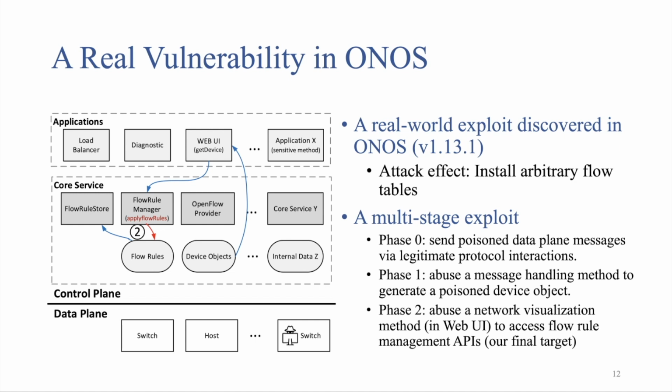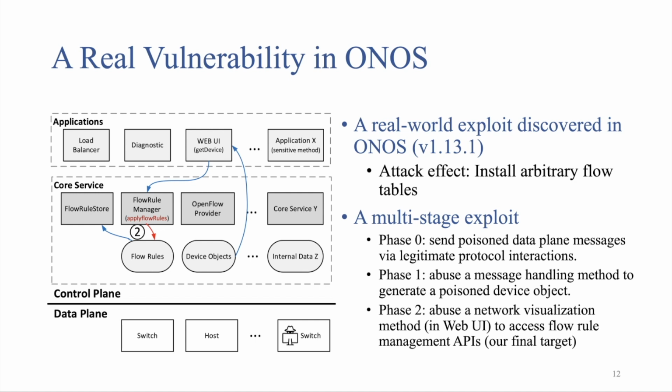By abusing the method, the device object is able to manipulate the web UI application to launch HTTP requests against the API of the flow rule manager. Hence, a malicious data dependency is established from the provider, which is the message handler component, to the flow rule manager.